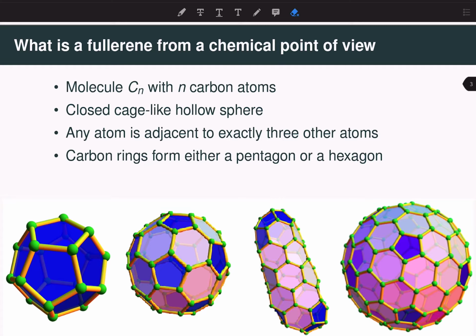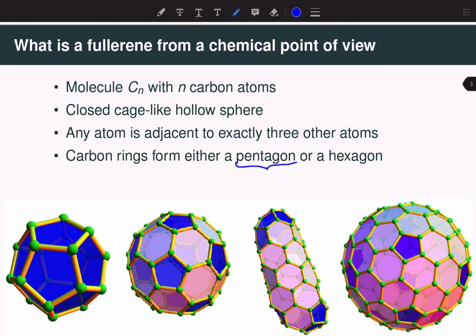As you can see in the picture, we have here 4 examples of fullerenes. The atoms are symbolized by green dots, and every atom is connected to exactly 3 other atoms by a yellow edge.